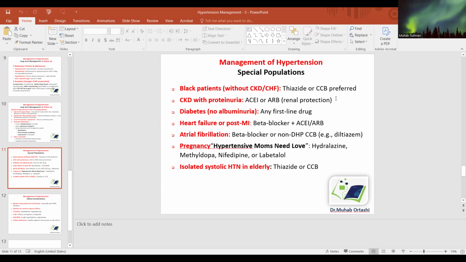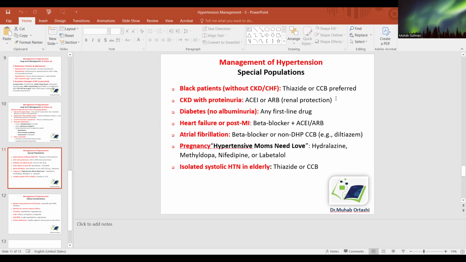These drugs are safe during pregnancy and they have a mnemonic. Take the first letter of each word: Hypertensive moms need love. H for hypertensive is hydralazine, M for moms is methyldopa, N for need is nifedipine, and L for love is labetalol. So hypertensive moms need love.